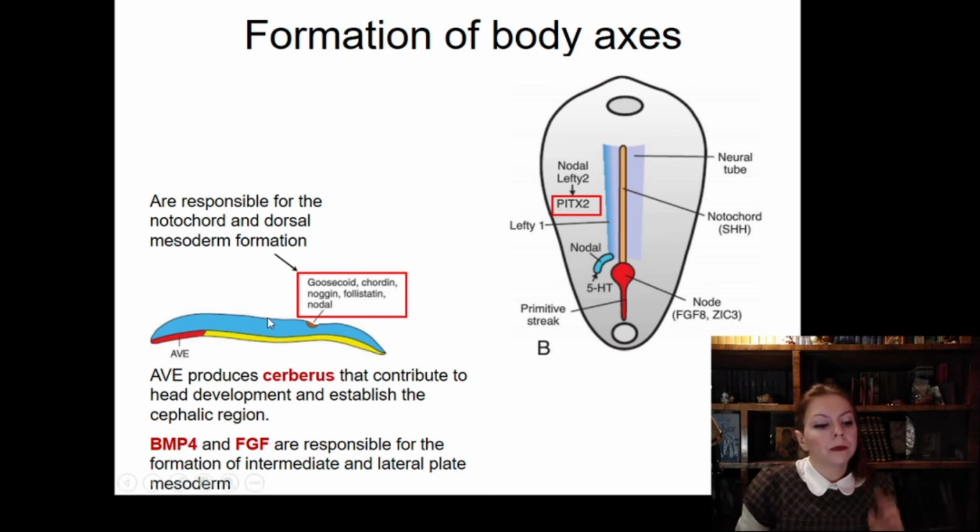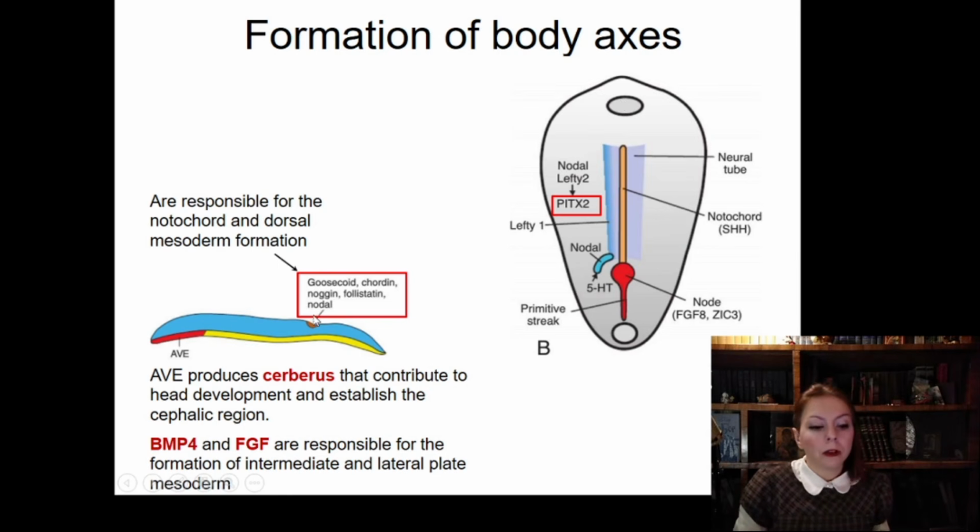Then, first we have to talk about the anterior visceral endoderm, the anterior part of the hypoblast. It produces a special factor, Cerberus, which inhibits the expression of different factors stimulating the formation of the primitive node. So in the cranial region, the primitive node is not formed, and as you can see, the primitive streak doesn't reach the cranial end of the embryo.